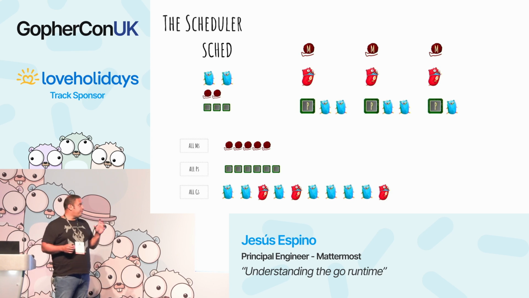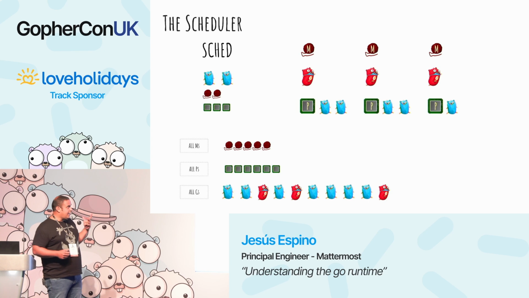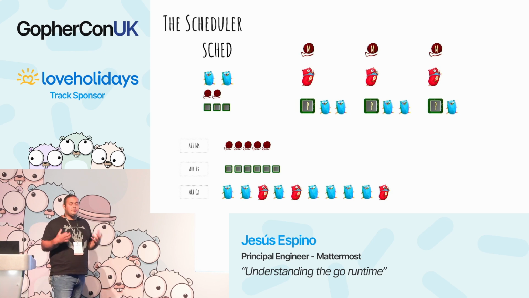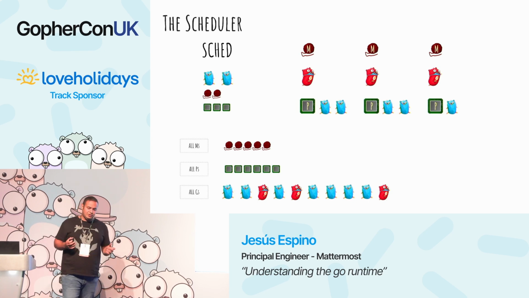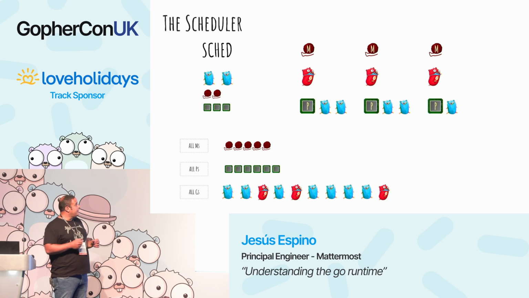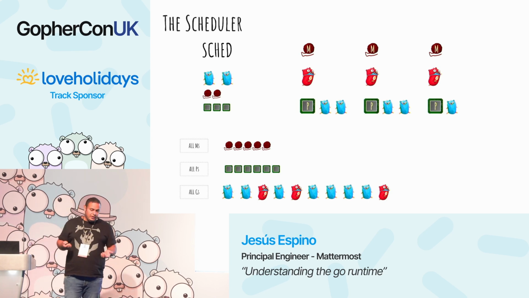That's the number of Ps, the number of virtual processors. Then you have the Ms that are representations of the operating system threads, and can be the number of CPUs, can be more. It's not bounded there.